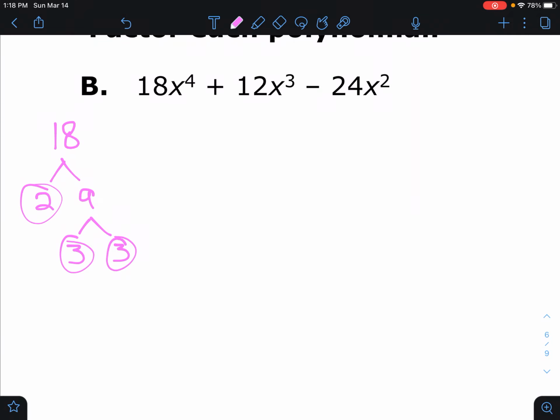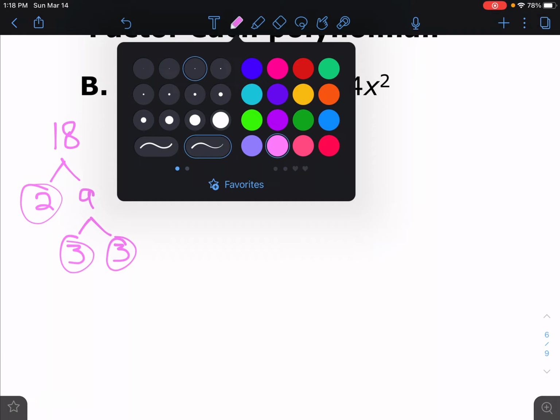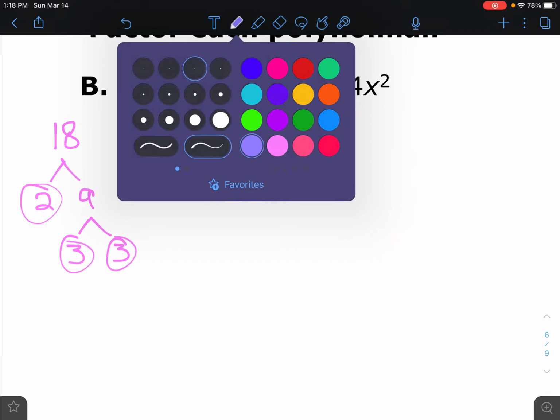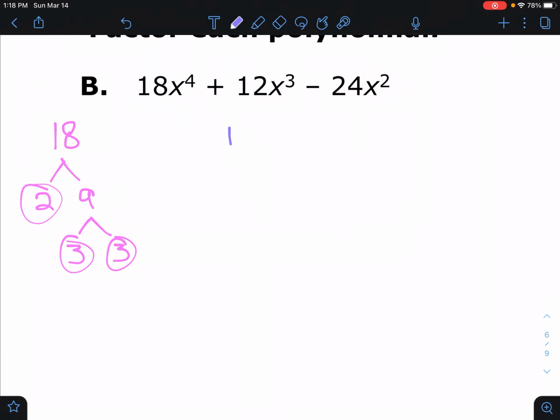Okay, now I'm going to do, how about 12? I got, let's see, 3 and 4 maybe? 2 and 2? Again, it doesn't matter how you do those.